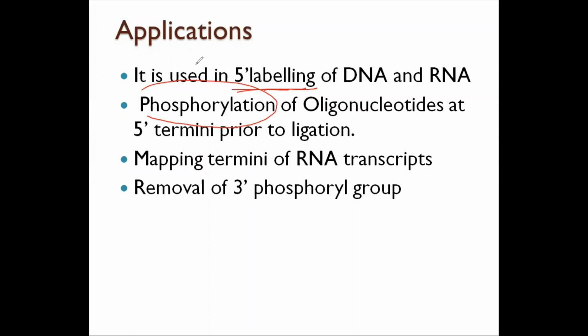So here, phosphorylation, addition of phosphate at the 5' terminal prior to ligation. I want it to ligate, so I want the phosphate, otherwise it won't ligate. Now I want to know where the terminal of an RNA transcript is, so marking the terminal and removal of 3' phosphate groups. Hope this is clear till here.